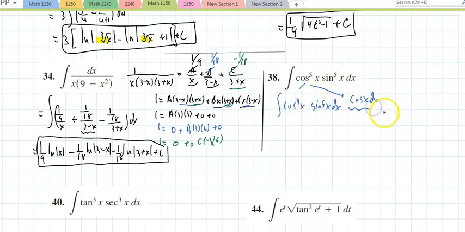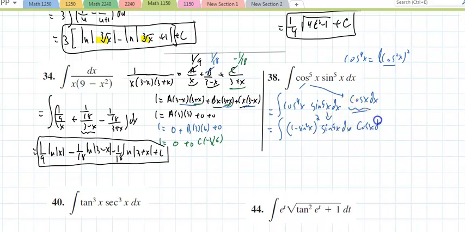Remember, this is your du, so I'm going to have to really alter those and say that's the cosine squared, right? Cosine to the fourth of x is the cosine squared of x squared. And I know cosine squared is 1 minus sine squared of x, sine to the fifth of x dx, and a cosine of x dx.